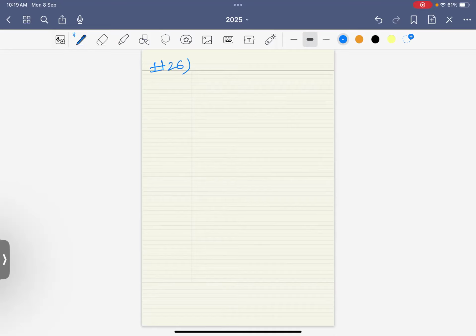So what I said was, if you take a sequence A1, A2 and so on, then because every four-term average is strictly increasing, what you get is that A1 will be less than A5, A2 will be less than A6, A3 will be less than A7, A4 will be less than A8, A5 will be less than A9, A6 will be less than A10, and A7 will be less than A11.